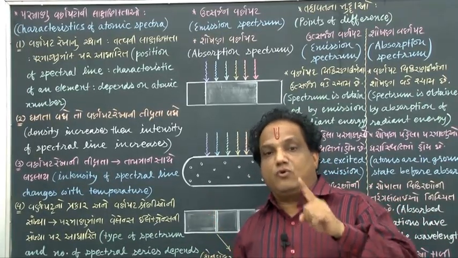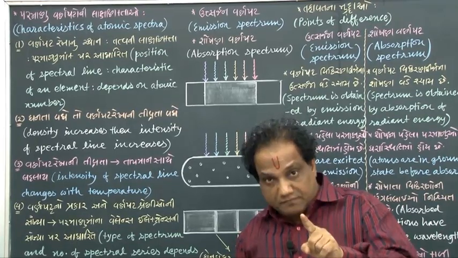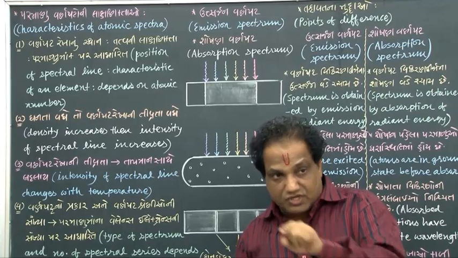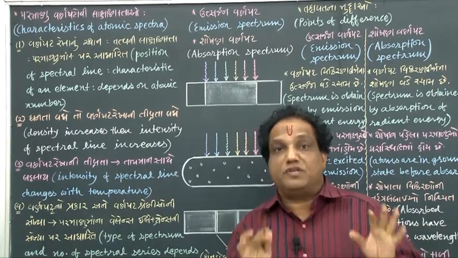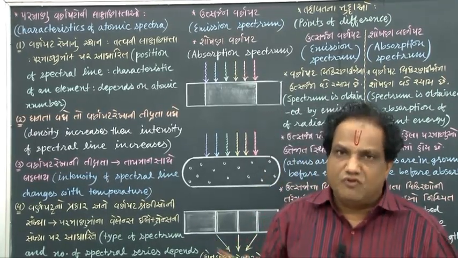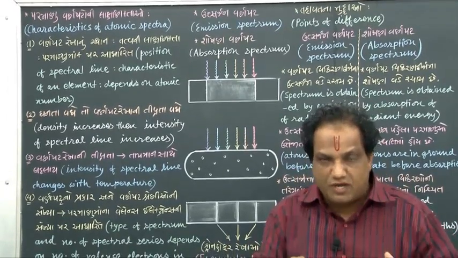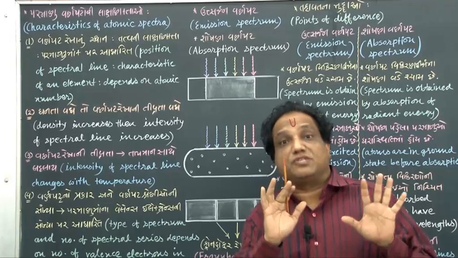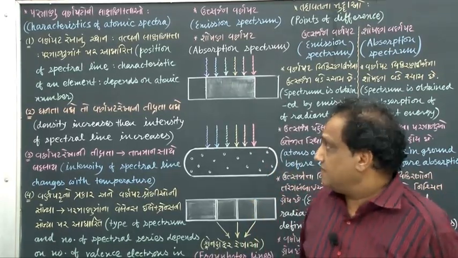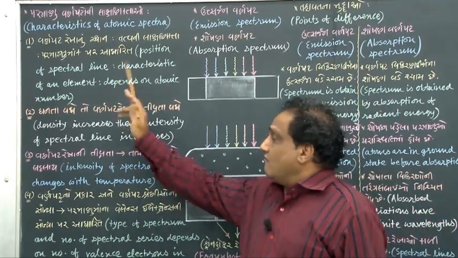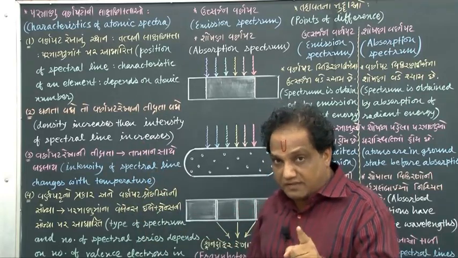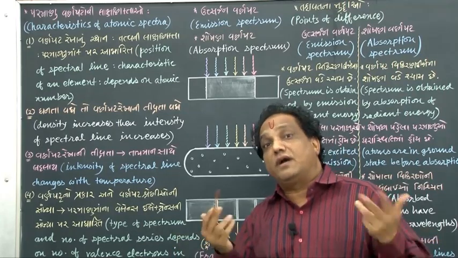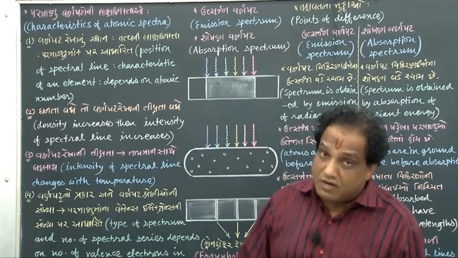The position of a given spectral line is found to be the same every time. When you are talking about the atomic spectrum of a given atom and a given spectral line, its position in the spectrum is found to be the same every time. Whether you perform the experiment today or after 2 months or after 5 years, the position would remain the same, correct? Fine. And where you will get a given spectral line depends on the type of element, and you know the type of element again depends on atomic number.